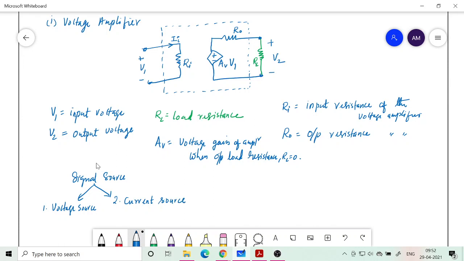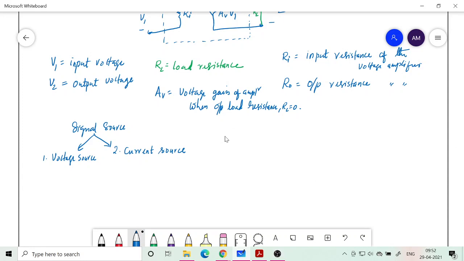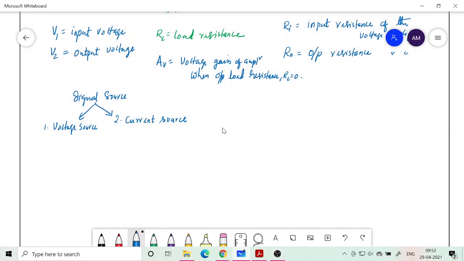Okay, now a voltage source will supply you some voltage. If it is an AC voltage source, it will supply you AC voltage. If it is a DC voltage source, it will supply you a DC voltage.